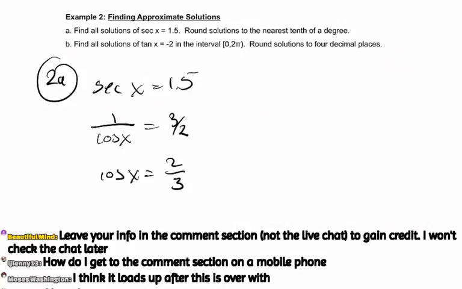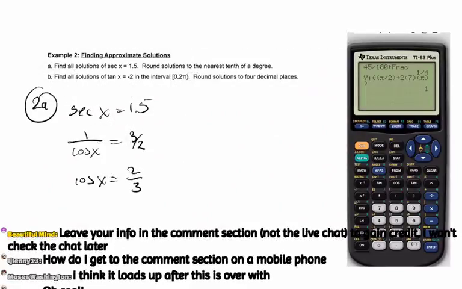So then cosine of what angle is 2 by 3? Round solutions to the nearest 10th. Again, cosine repeats every 360, so we're just going to take the inverse cosine of 2 over 3. I think we need to be in radians. Let's leave it in radians.